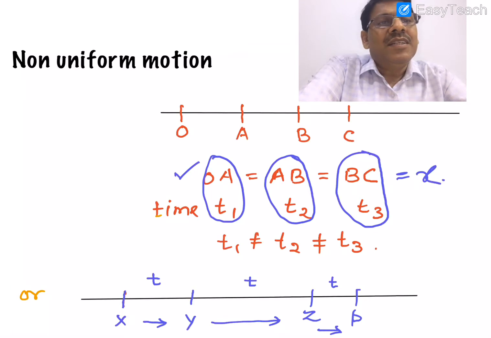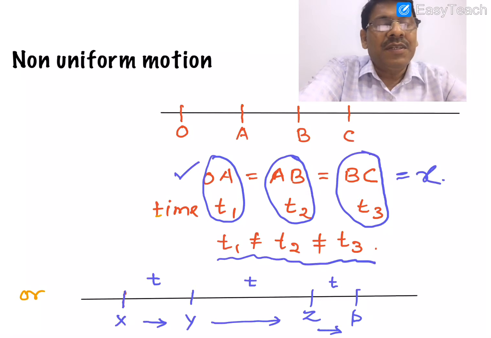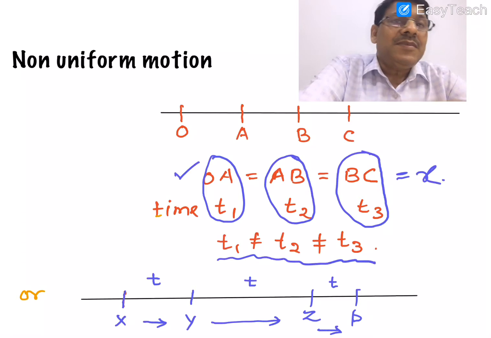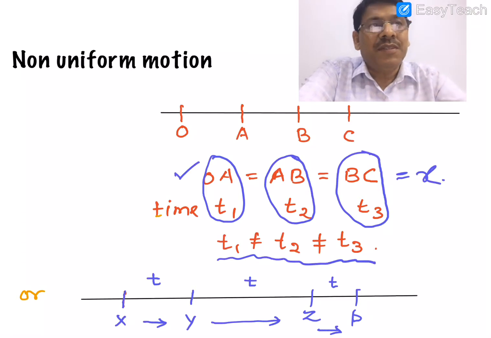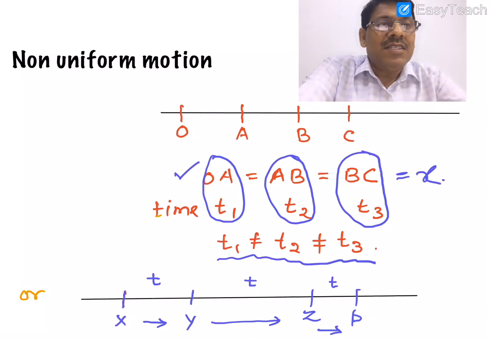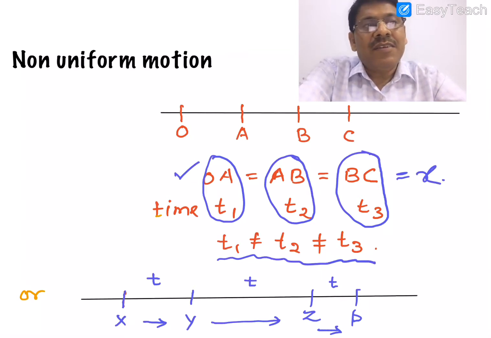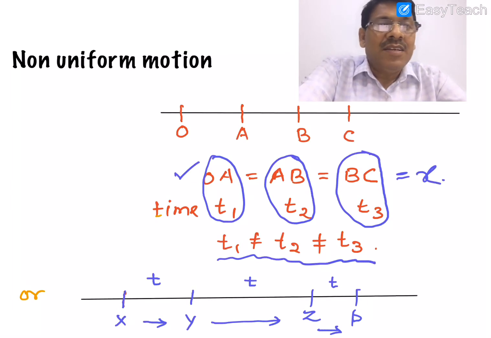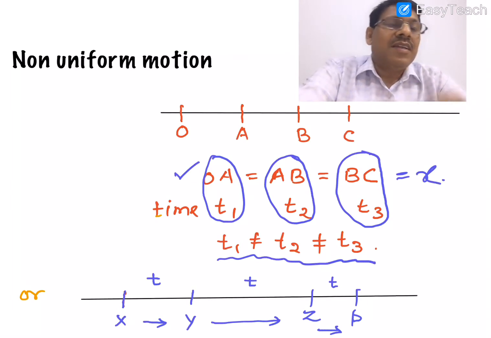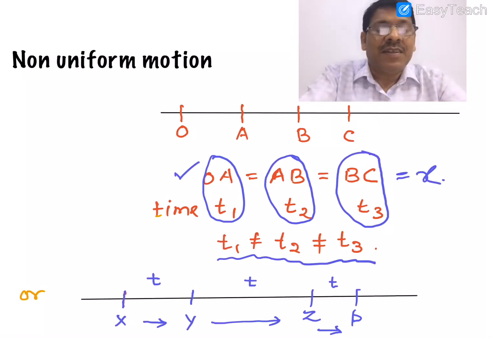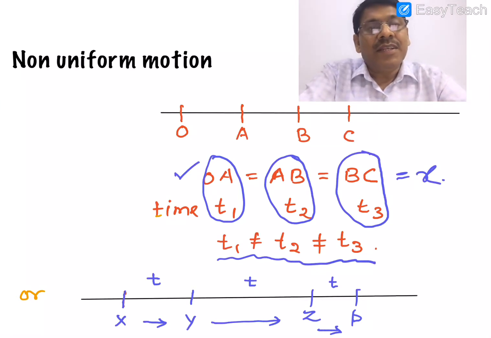You see here T1, T2, T3 are not equal, whereas in uniform motion T1, T2, T3 were equal. Therefore, in non-uniform motion, equal distance is traveled in unequal time interval, or in equal time interval the distance traveled is unequal.